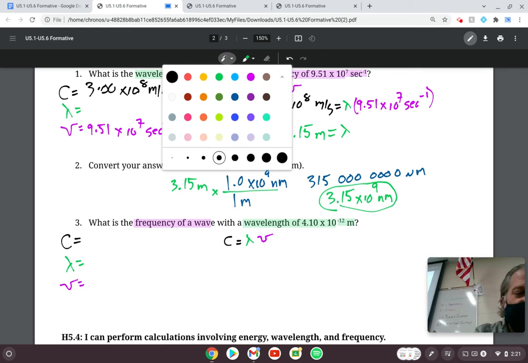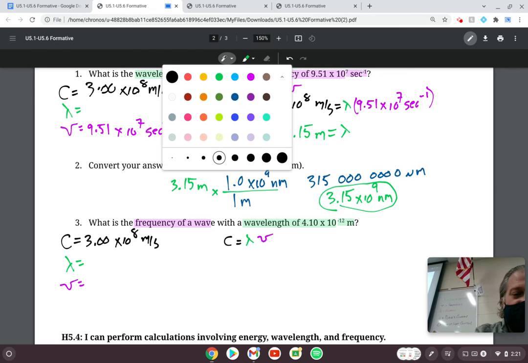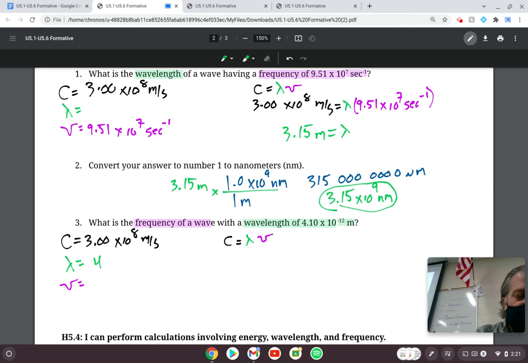And in this instance, again, 3.00 times 10 to the 8 meters per second. This time I know the wavelength to be 4.10 times 10 to the negative 12 meters. That was really nice of us.